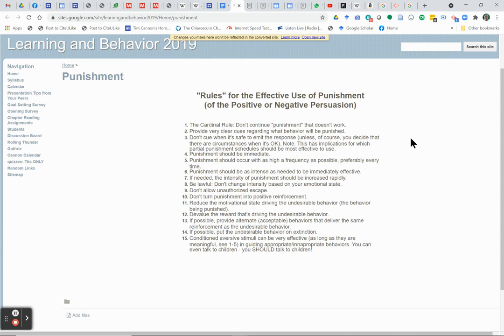bad things happen. And relevant to 12-13, if possible, provide alternate acceptable behaviors that deliver the same reinforcement as the undesirable behavior. And we have data from rats where they have a lever and they're on a positive reinforcement schedule.